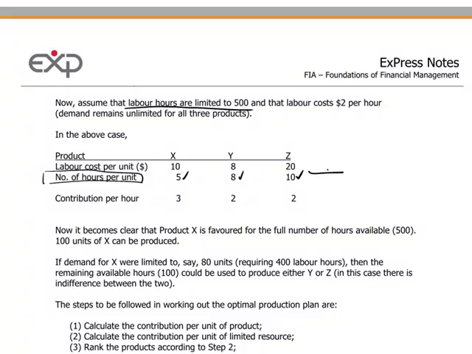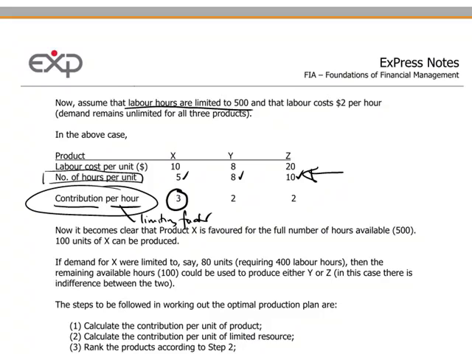Now this may change our perception as to which is the champion product we should be prioritizing. The key thing here is to calculate what the contribution is per unit of the limiting factor, in this case per labor hour. And here we can see very clearly that X now looks most favorable.